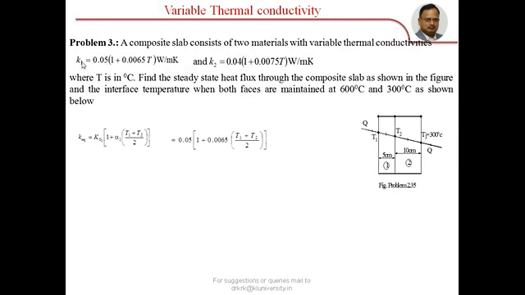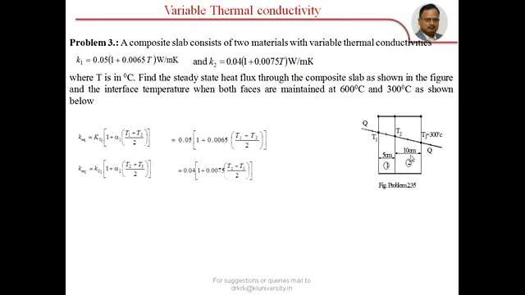The formula for K mean 1 is K01 into (1 plus alpha 1 into (T1 plus T2) by 2). This is K0 0.05, into (1 plus 0.0065 into mean temperature, T mean, (T1 plus T2) by 2).